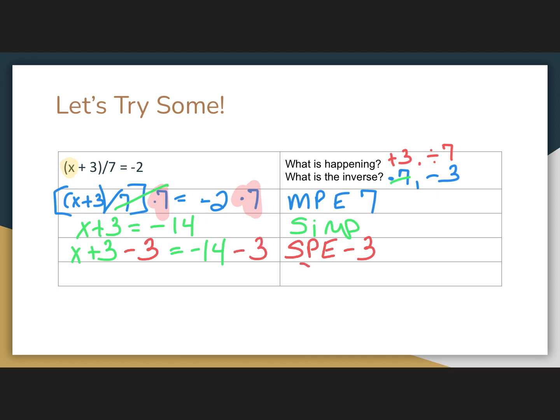So I'm going to combine my like terms. Here, plus 3 minus 3 is going to go away. I'm left with x. Negative 14 minus 3 gives me negative 17. Make sure you remember your integer rules. And that's it. I've got my value for x. Okay, next problem.